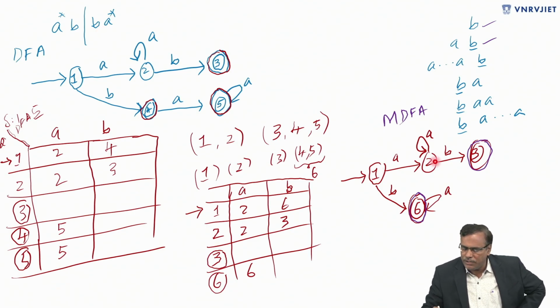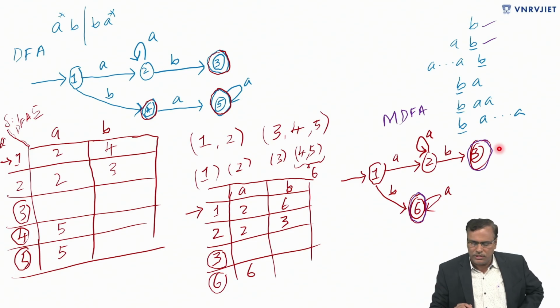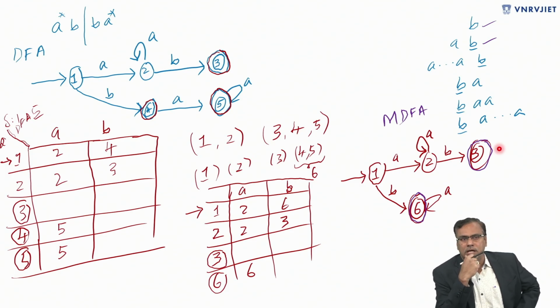Suppose for example on A you are going here, on B you are going here. So on A you don't have any transition. You are unable to read that third symbol A. That's it. I think you have understood. So I have taken 2 cases where you have a single final state and also more than one final state. I hope you have understood more clearly.